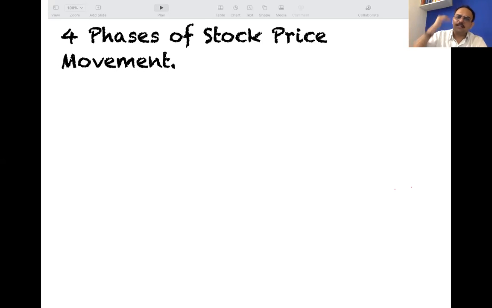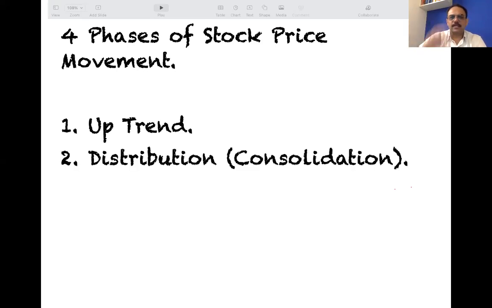So the basics are, there are four phases of stock price movement. Any share, any instrument in the world moves in four phases overall. It will go up, then there is accumulation and distribution, which we will find out. There is an uptrend, the price goes up, then it moves sideways, it does not go anywhere, it just stays there.